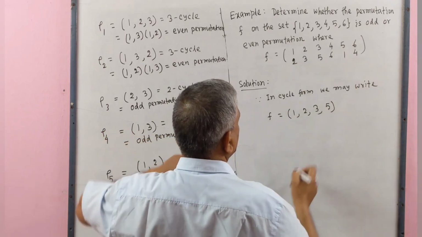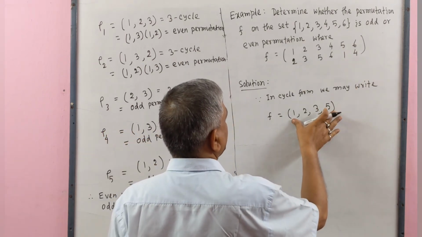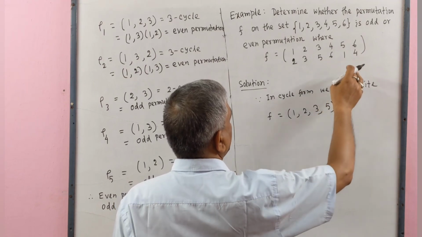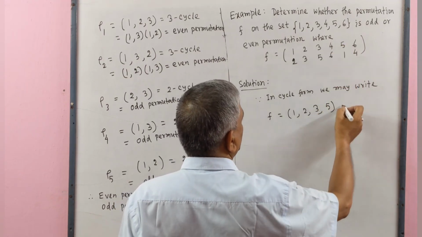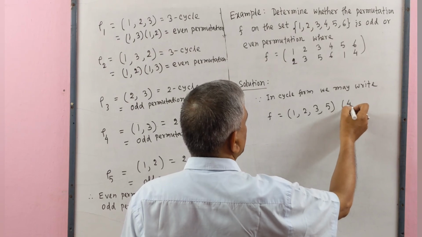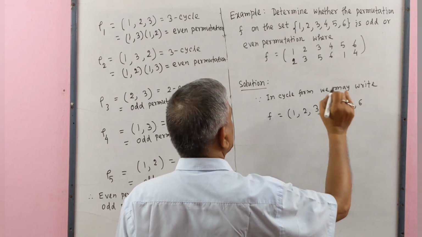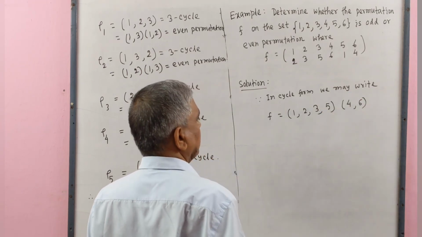So we write this 4-cycle. Then the image of 4 is 6 and the image of 6 is 4. This is a 2-cycle.